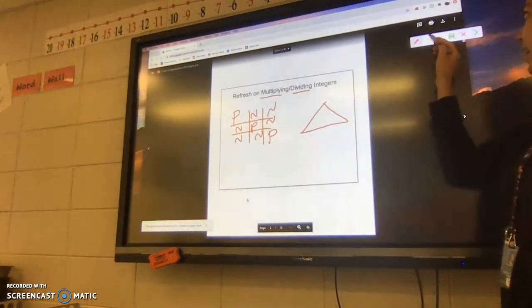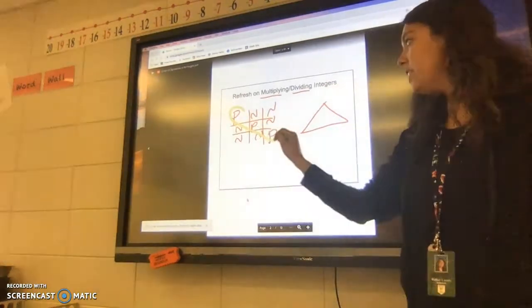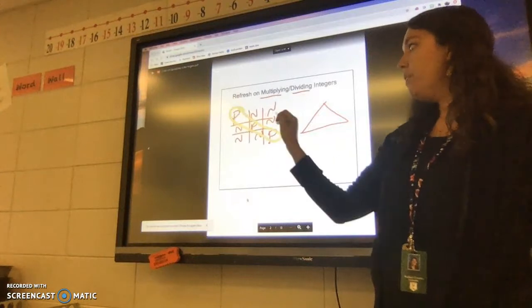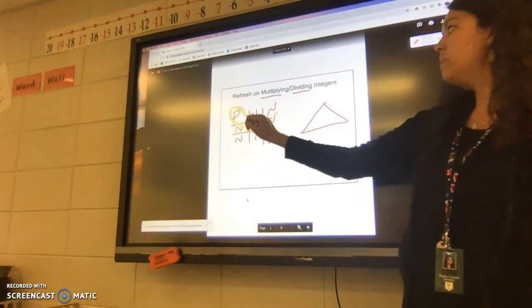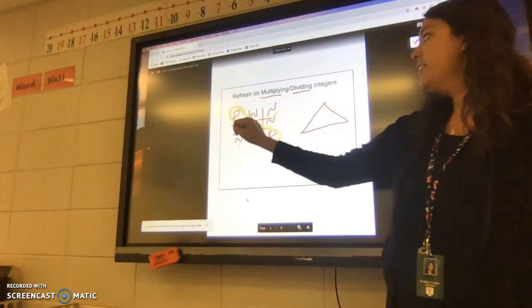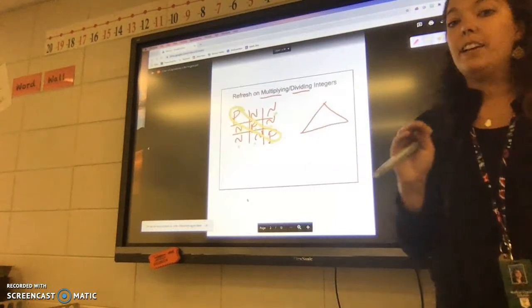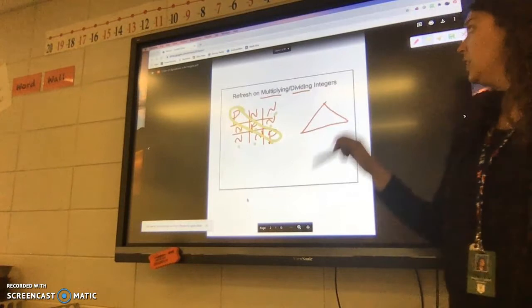And how you use that is, positive times a positive is positive, but you can read it from left to right. Positive times a negative is a negative. A negative times a positive is a negative. Negative times a negative is a positive. Every single time, because when multiplying and dividing, it does not matter how big the numbers are.